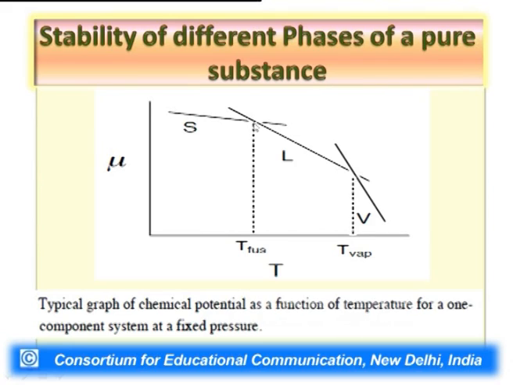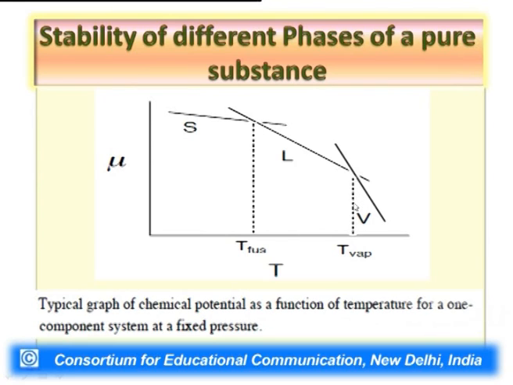The chemical potential of the solid phase as well as the liquid phase at this temperature becomes equal, and hence the two different phases of the pure substance, the solid phase as well as the liquid phase, would come in equilibrium under such a condition of temperature, that is T fusion. The subscript fus means fusion, that is, the melting temperature or fusion temperature is the temperature at which chemical potential of solid phase becomes equal to chemical potential of liquid phase.